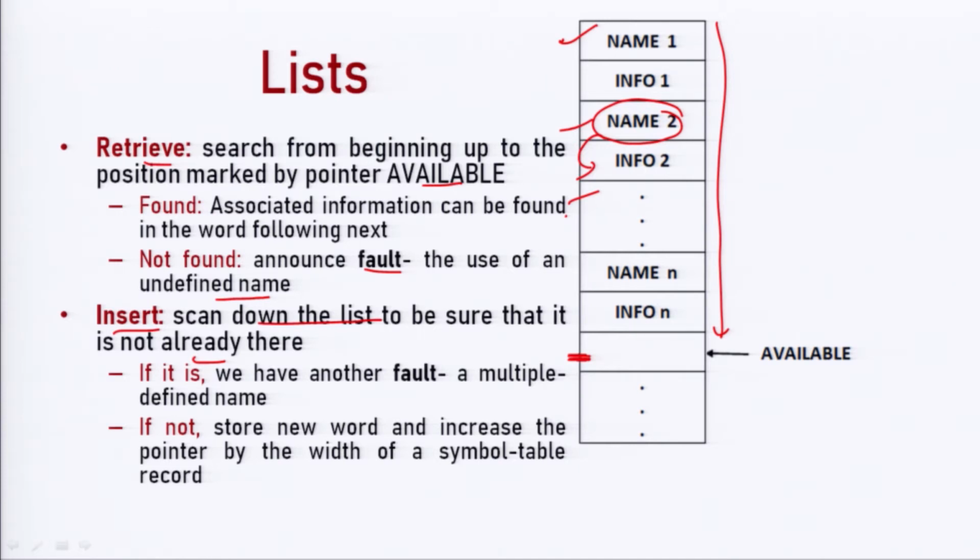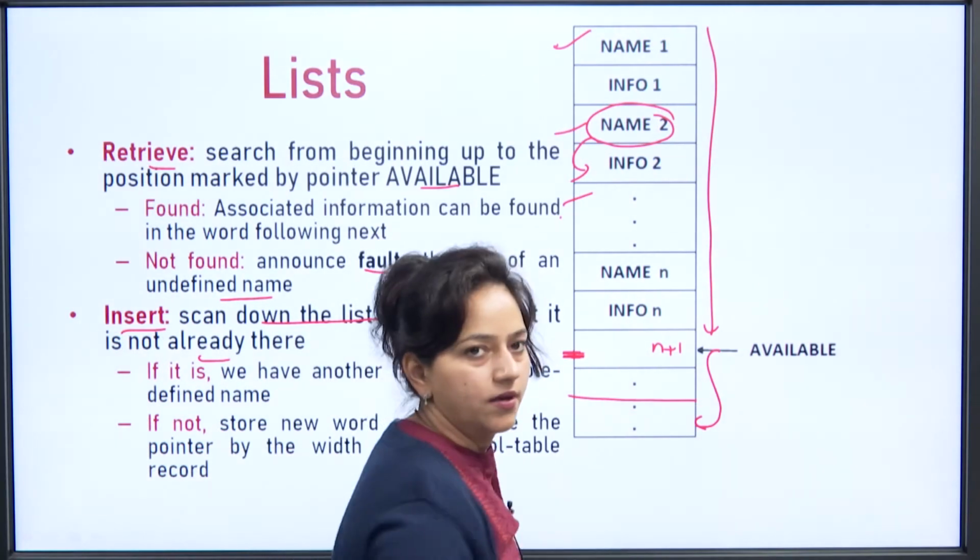So, suppose n plus 1, we will store it at the first available space and reserve the required space for it as per the symbol table record size, and now available will point past this particular record.